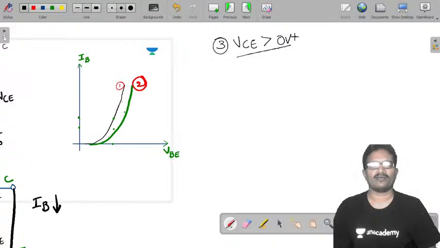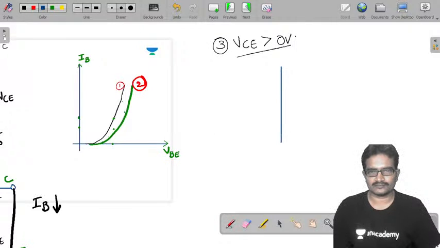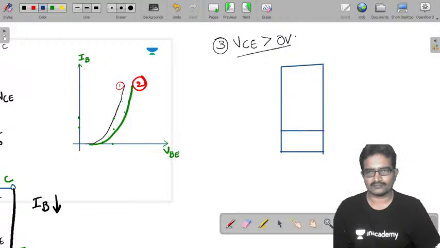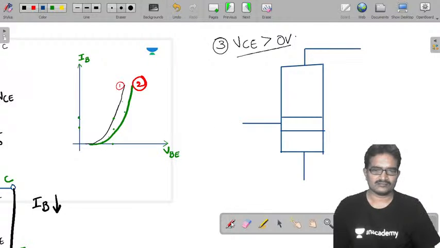Now I am taking a transistor. So base, emitter and collector.